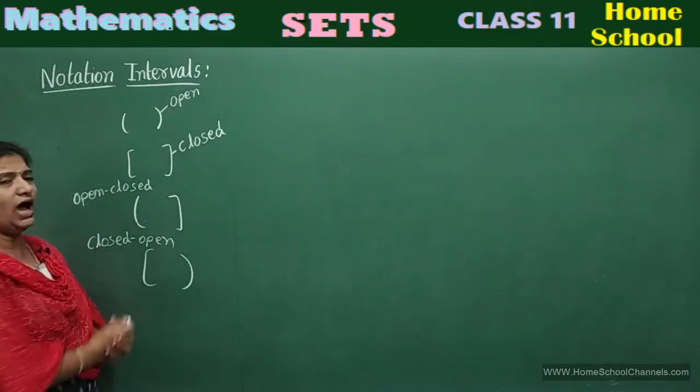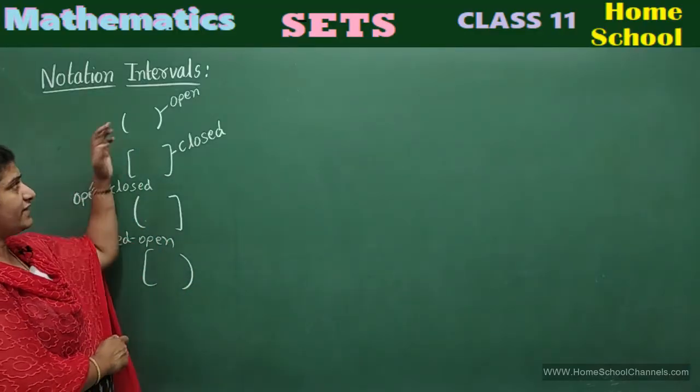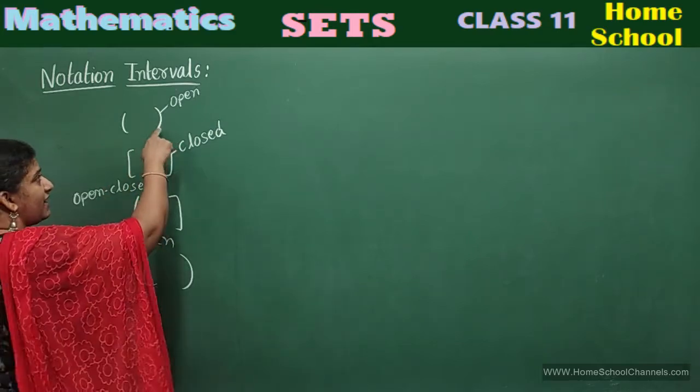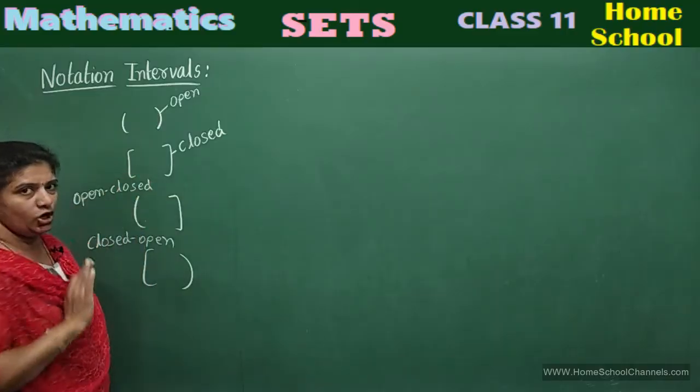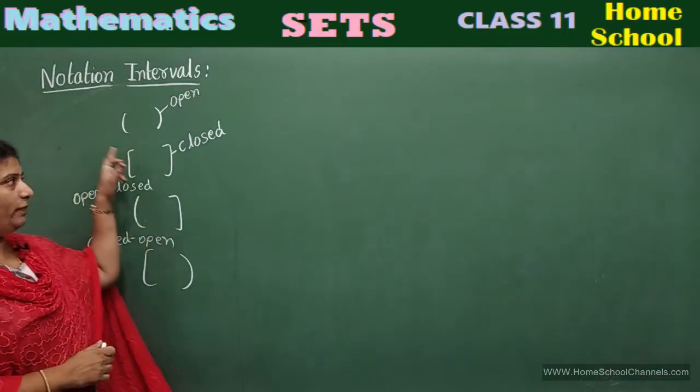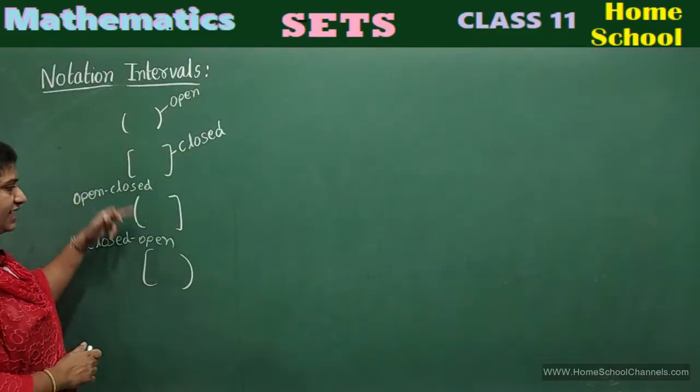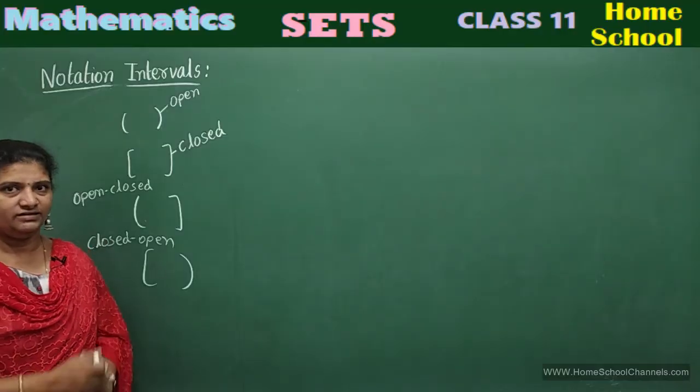Right? Now, how to understand this? First concept is, when you see these brackets, understand here open. This one closed. So open interval, closed interval, semi-open closed intervals. Right?